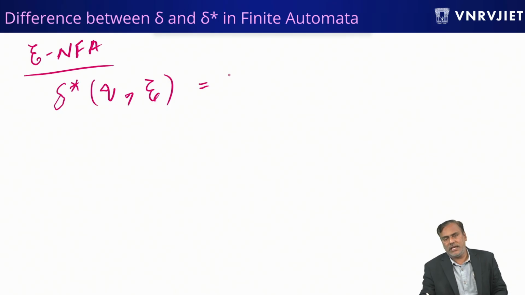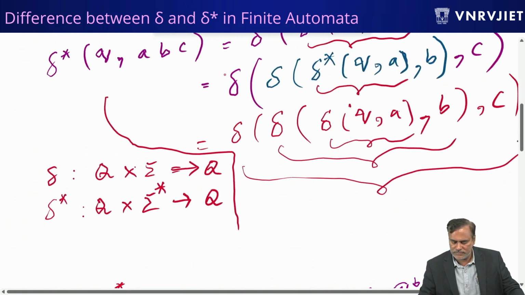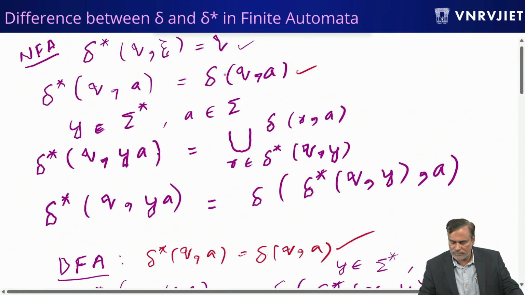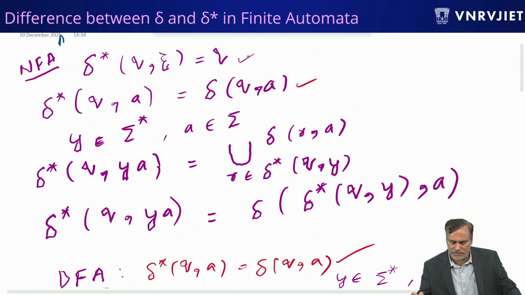In case of NFA and DFA, delta star of Q epsilon is Q itself. I have written that very clearly. First statement: delta star of Q epsilon is Q itself. That is with respect to NFA.